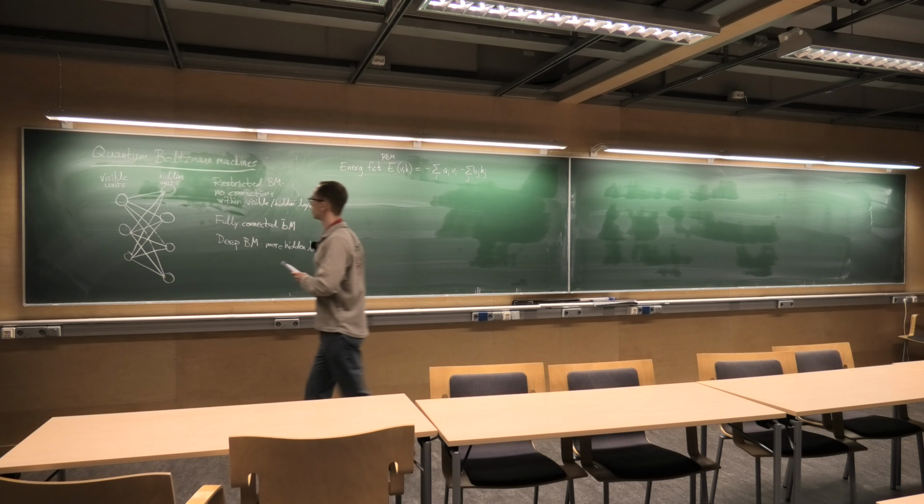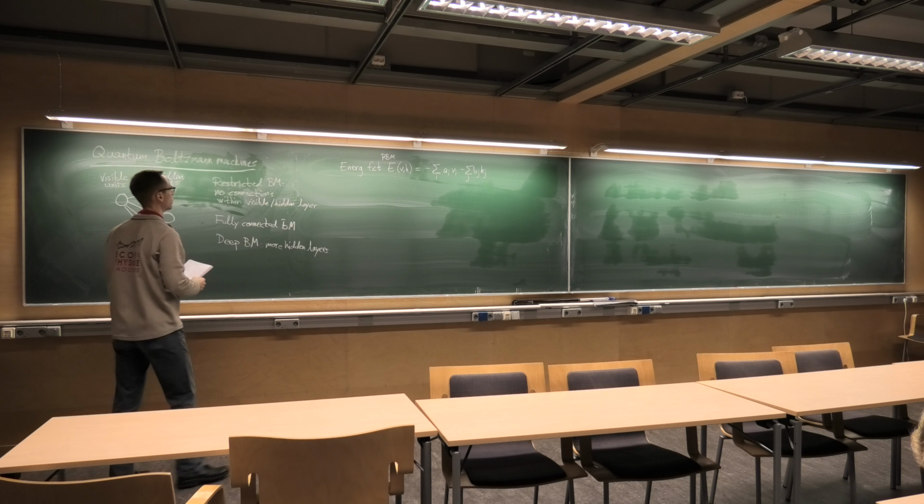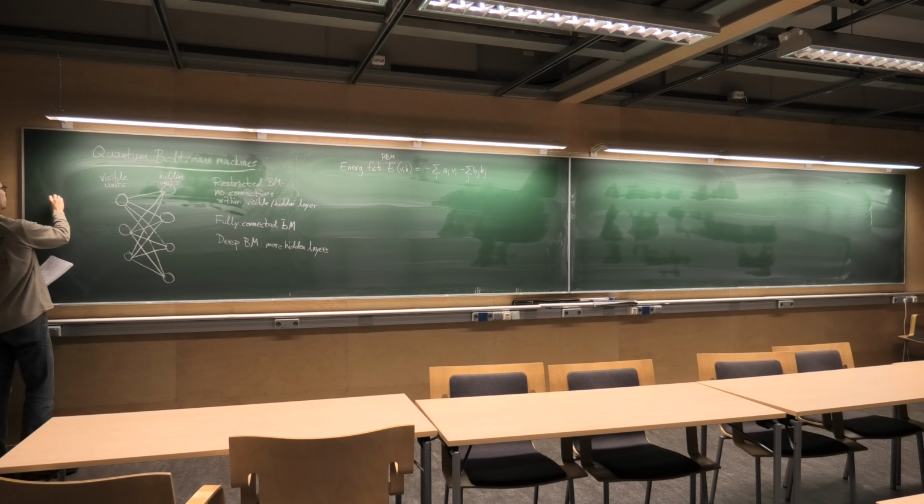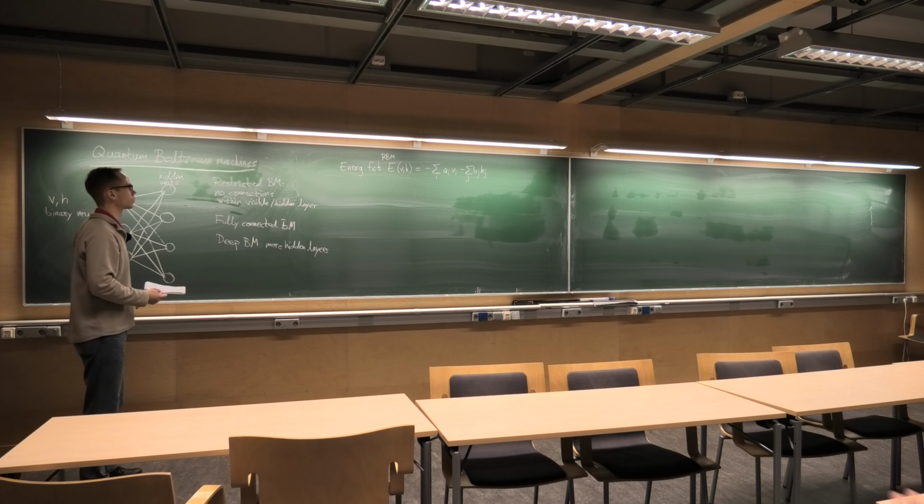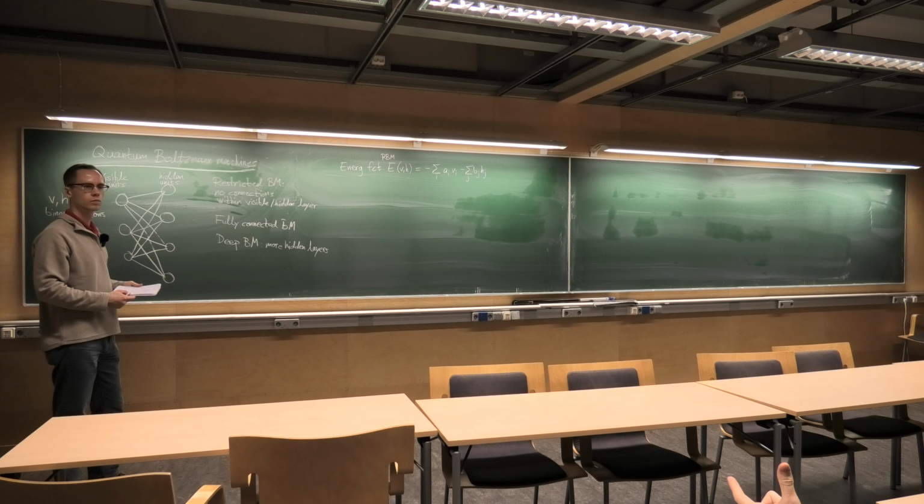One thing I should say here is that these V, the visible units, and the H, the hidden units, are what's called binary neurons. So they will take the value 0 or 1, or minus 1 and plus 1, depending on how you do that. Continuous domain or discrete? It's either or, it's discrete. Just these two values.